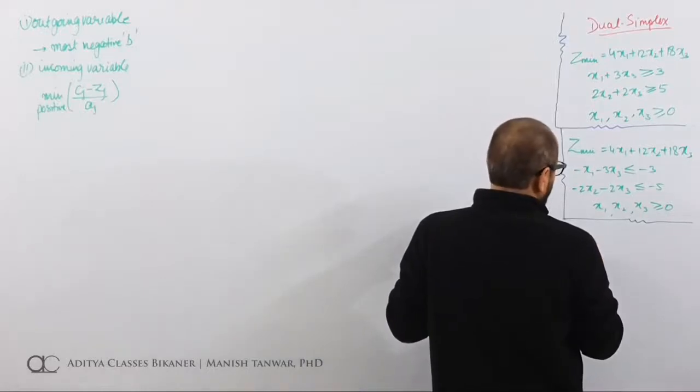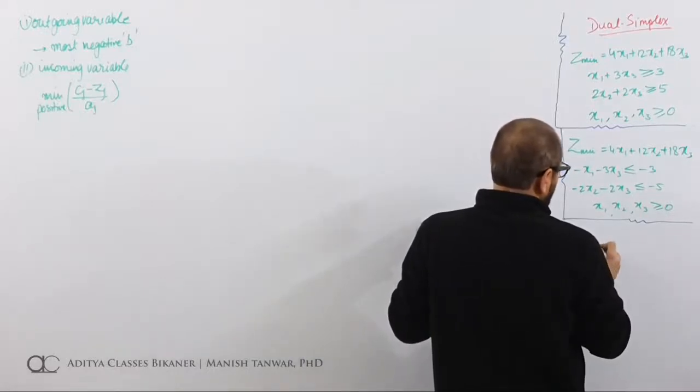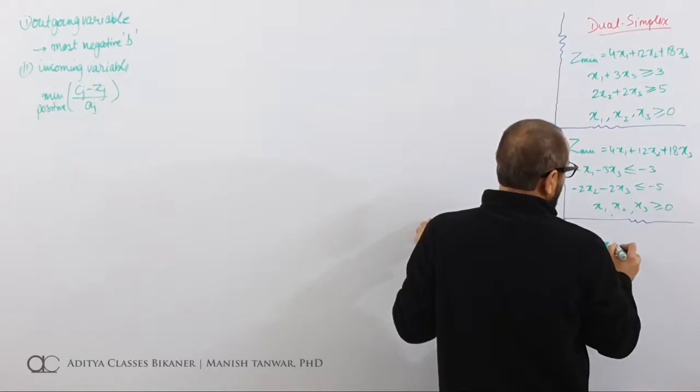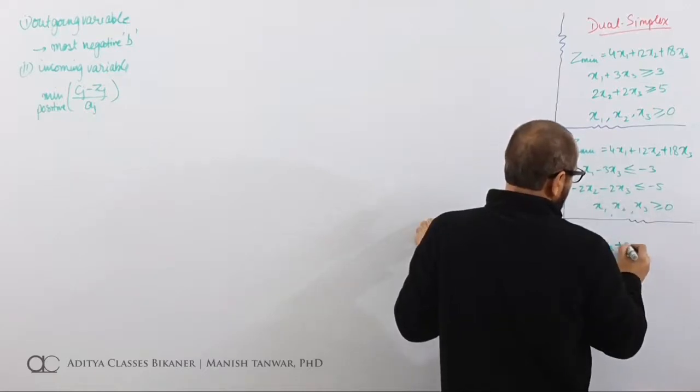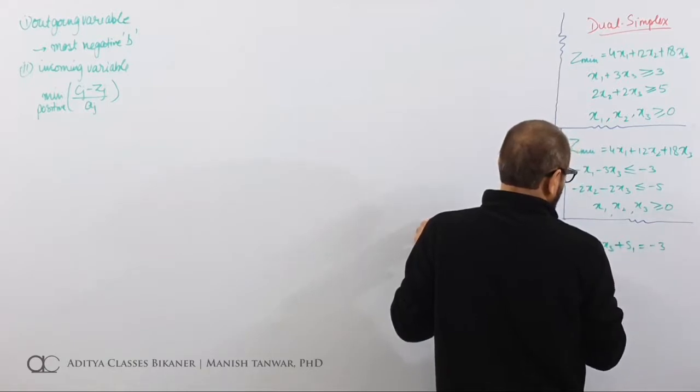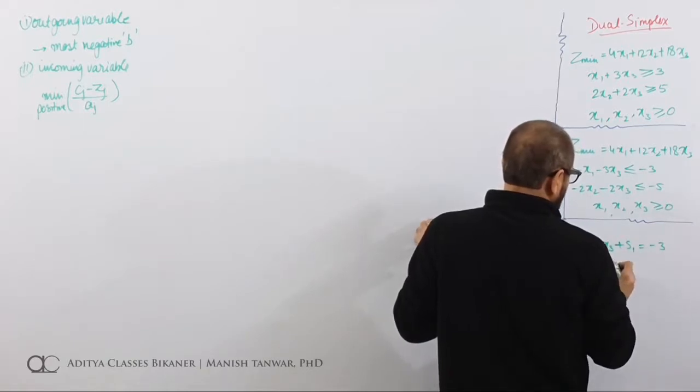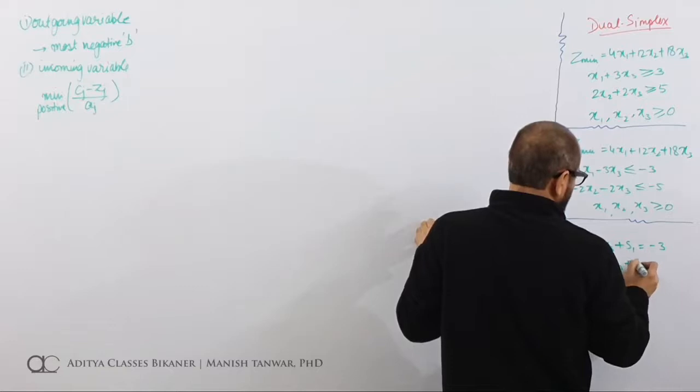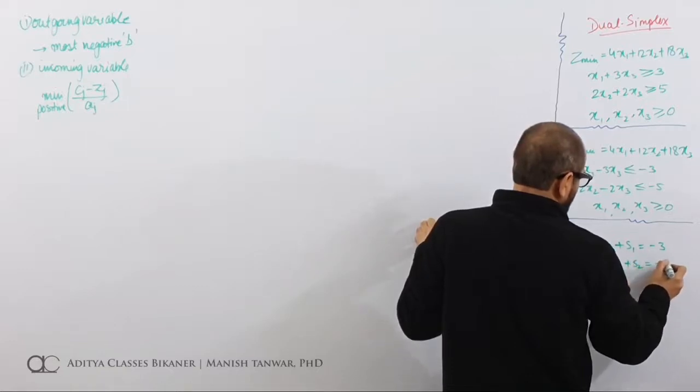The standard form would be minus x1 minus 3x3, then there will be a plus s1 is equal to minus 3, minus 2x2 minus 2x3 plus s2 is equal to minus 5.